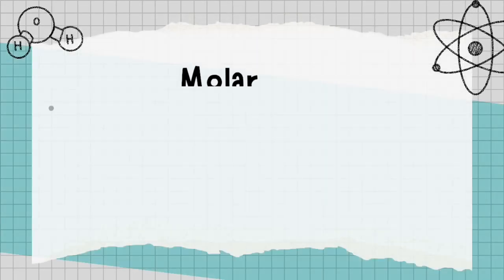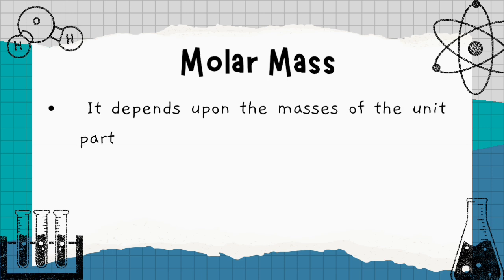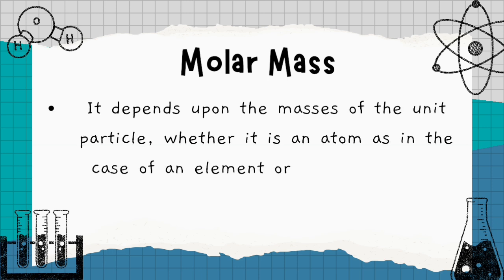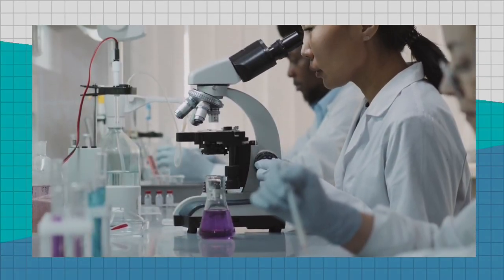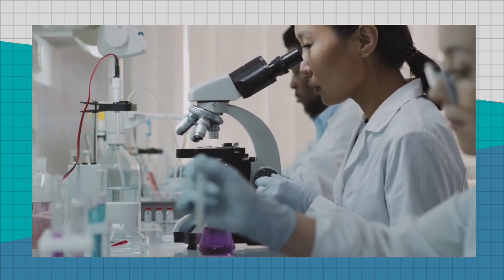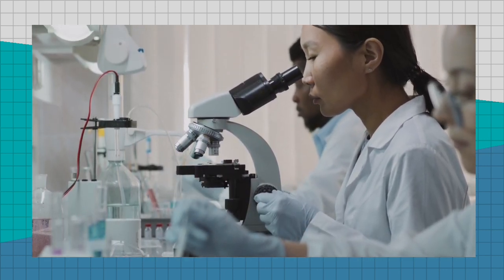It depends upon the masses of the unit particle, whether it is an atom, as in the case of an element, or a molecule in a compound. The molar mass of a substance is determined from its atomic mass or formula mass.